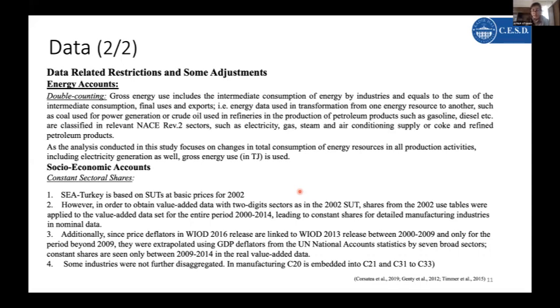This requires some adjustments, but this is not the subject of this example. If you are interested, I'm more than happy to explain what kind of adjustments I made to carry out the analysis for the manufacturing industry.